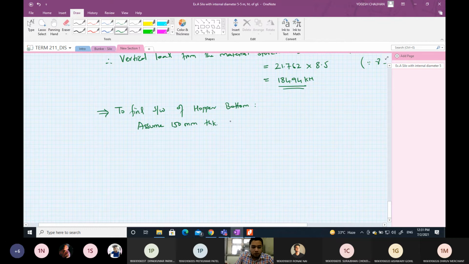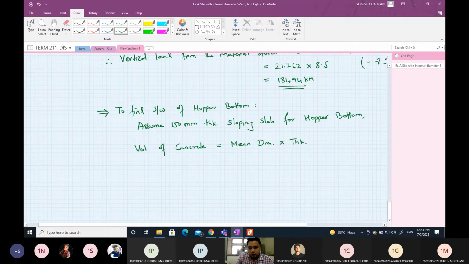For the hopper bottom, the volume of concrete will be equal to mean diameter multiplied by the thickness multiplied by the sloping length.